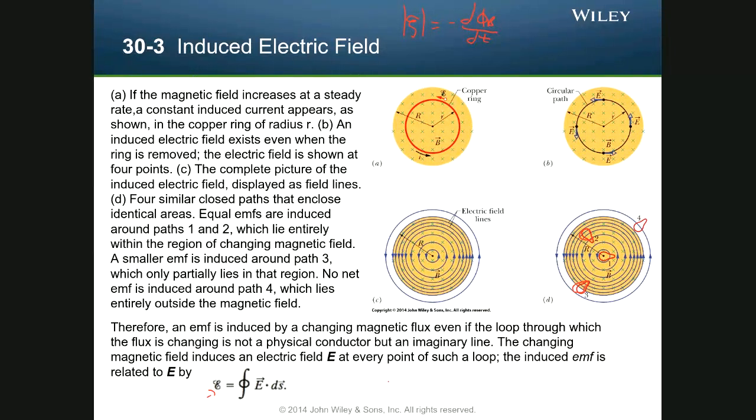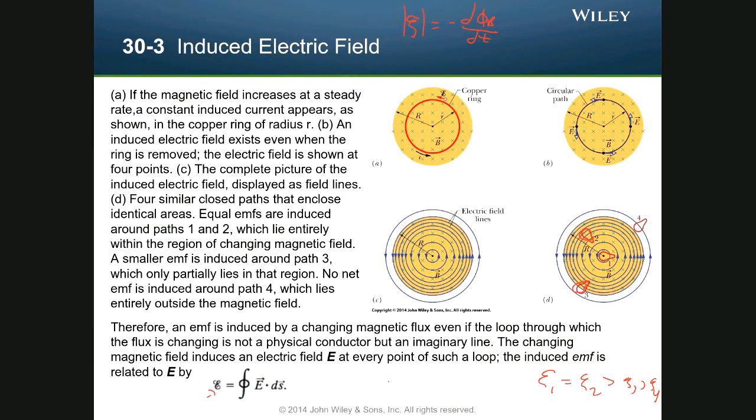Path 1 and path 2 have the same amount of magnetic flux going through them. They're entirely within the conductor. So if you were ranking them, you would say that E1 equals E2, which is greater than E3, which is greater than E4.